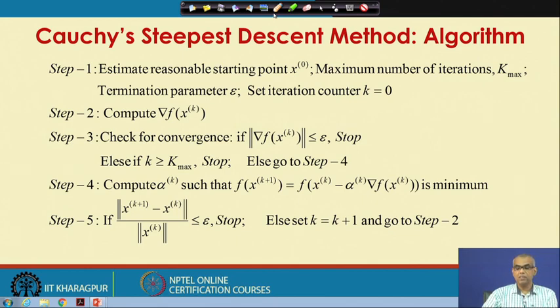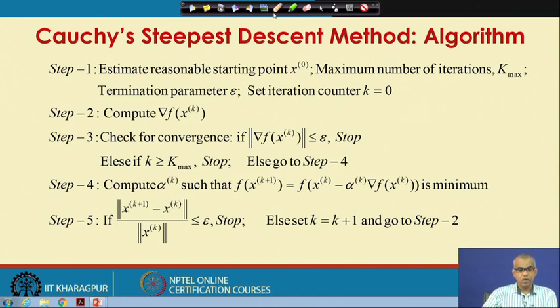So, if the gradient vector is very small, we stop. Otherwise, you check whether the number of iterations has exceeded the maximum allowable number of iterations k max or not. So, if the number of iterations exceeds the maximum allowable number of iterations, we stop. Otherwise, we go to next step, which is step 4.